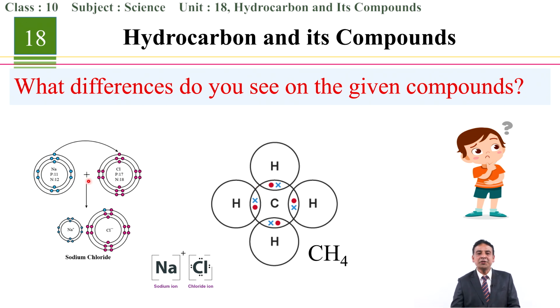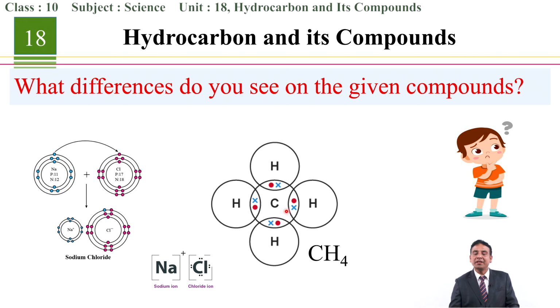These two structures show the process of the formation of bonds between the elements to give a compound. In the first compound, the bond has been formed by the transference of the electron from one atom to another.